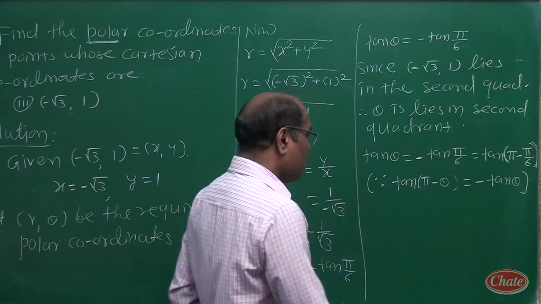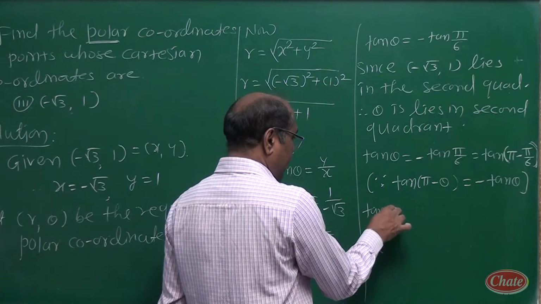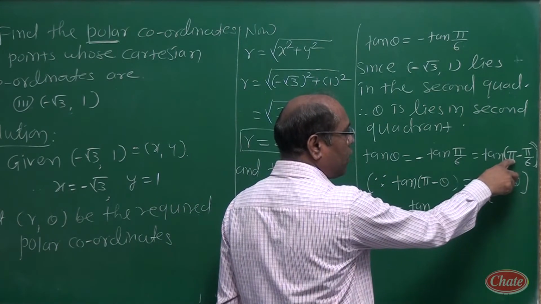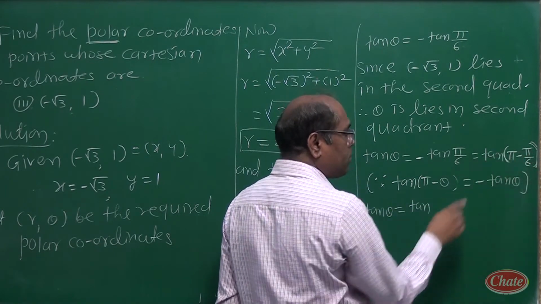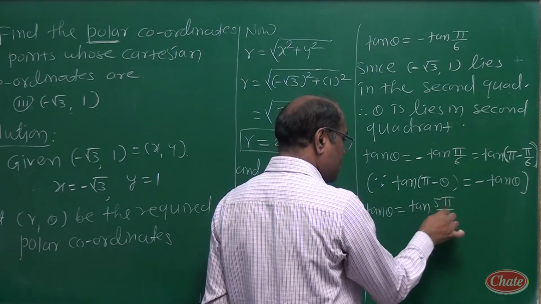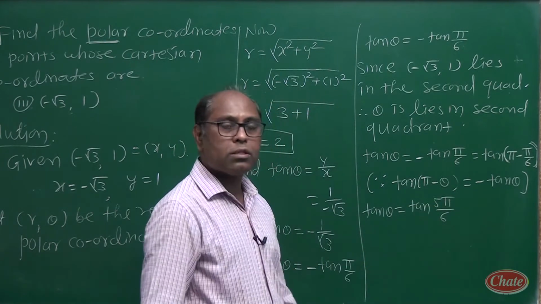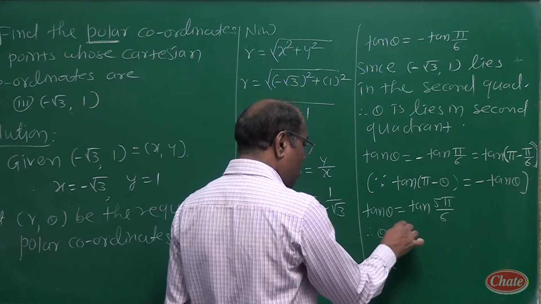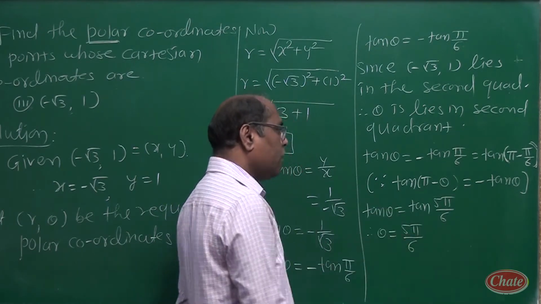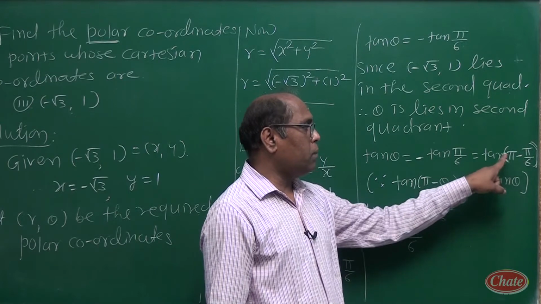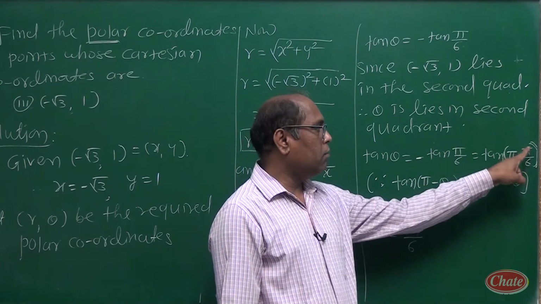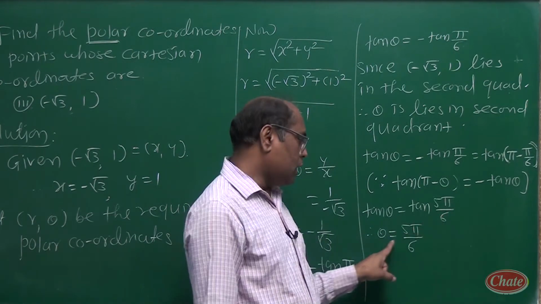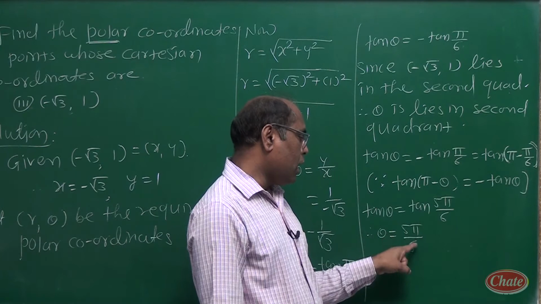So tan theta is equal to tan of, if we take the cross multiplication here, 6 pi minus pi, that is 5 pi upon 6. So comparing both sides, theta is equal to 5 pi upon 6.